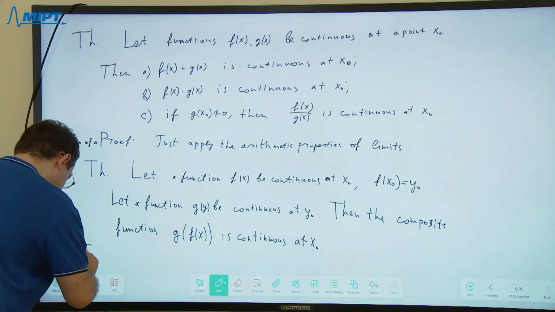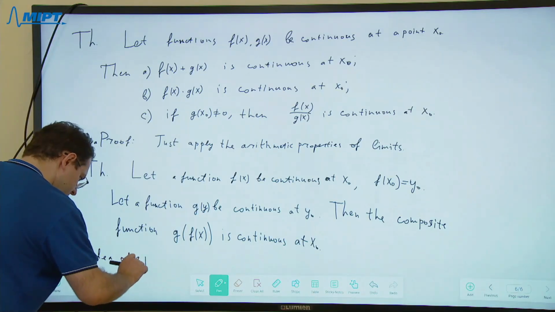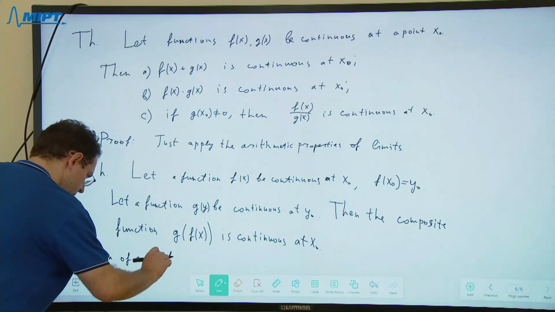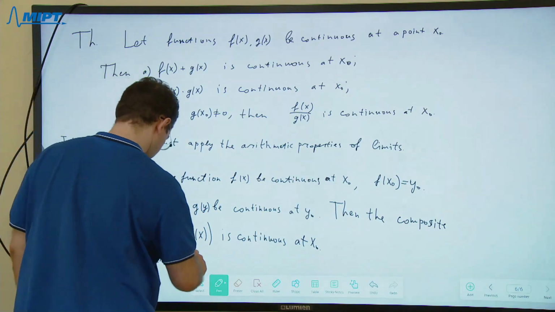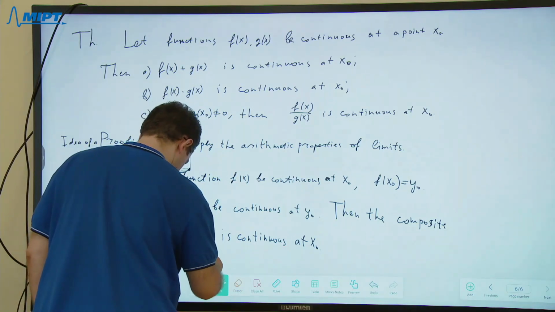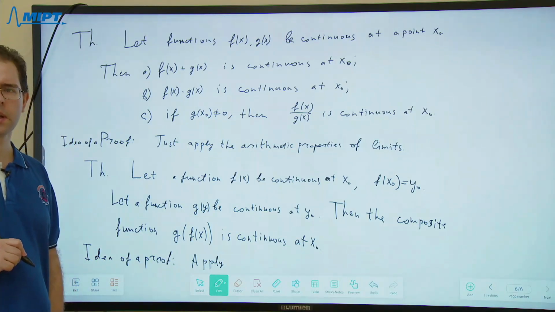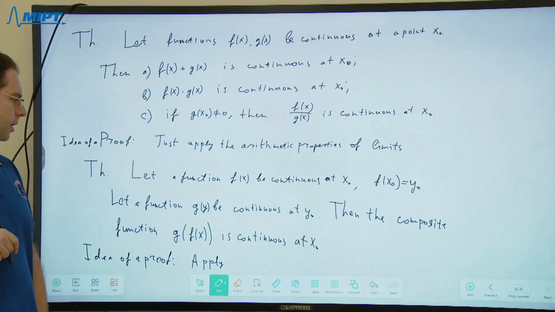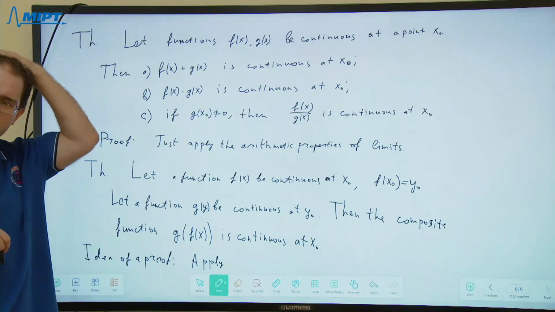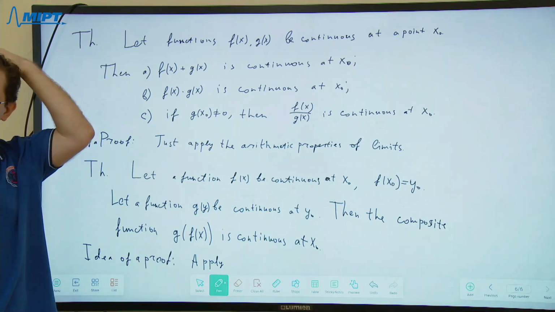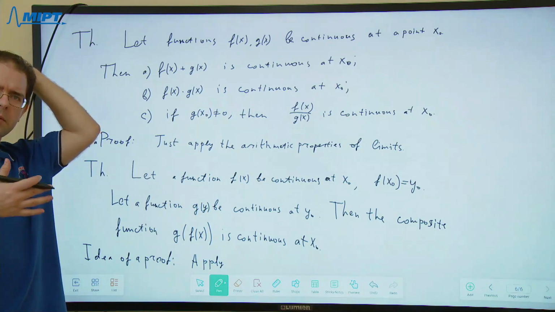Idea of a proof. Apply the theorem about the limit of the composite function g of f of x. I don't think I called this theorem any specific name, but I hope you understand what theorem I refer to. This is a limit of a composite function.